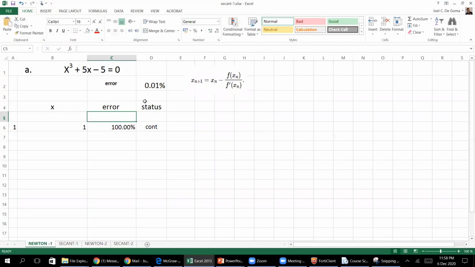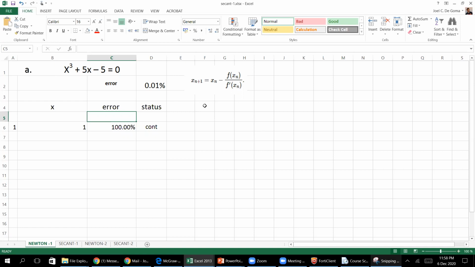Okay, so let's answer this. So we have x cubed plus 5x minus 5 is equal to 0. Before we guess or give a value of x, we need to get first the first derivative of this equation.